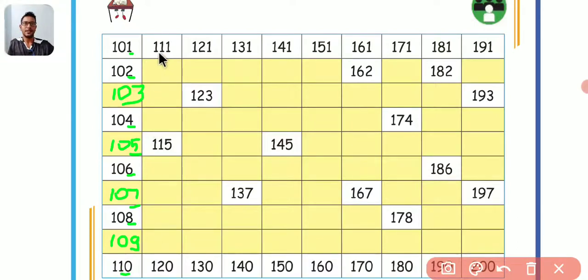So here 111, what about the next number? 112.